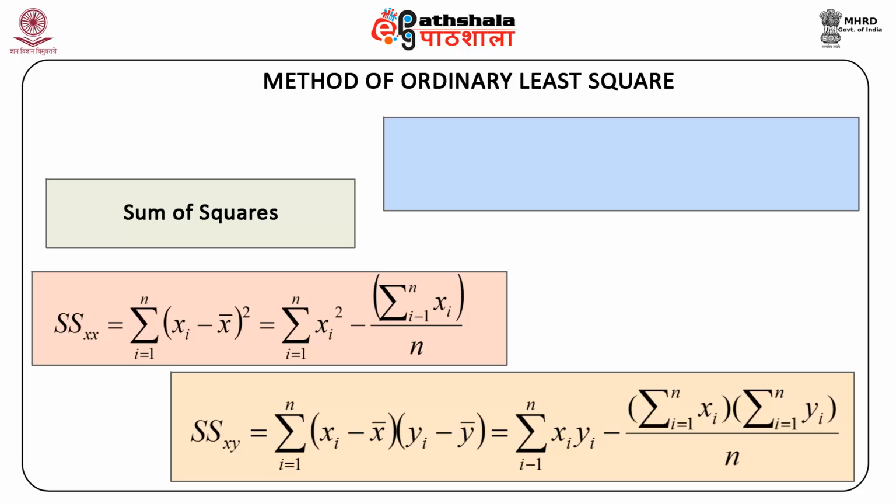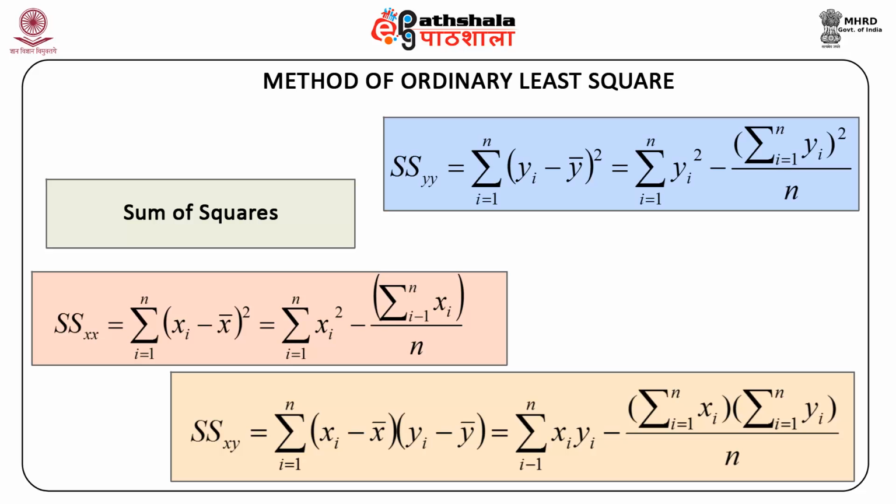SSXY is equal to summation i varying from 1 to n (xi minus x bar) into (yi minus y bar), which is equal to summation i from 1 to n xi yi minus (summation xi multiplied by summation yi, where i varies from 1 to n) divided by n.